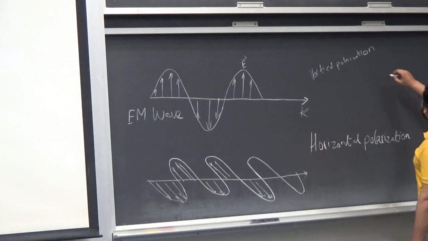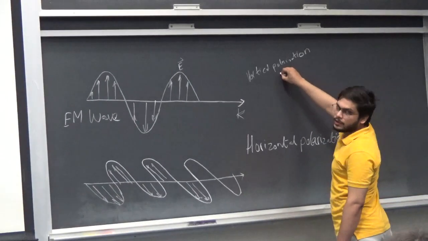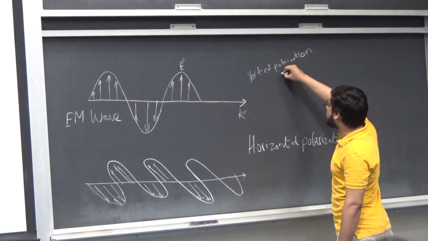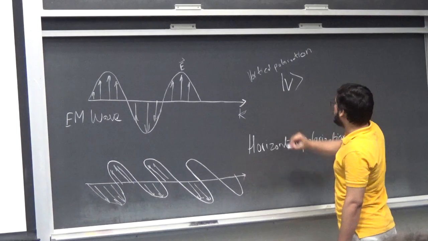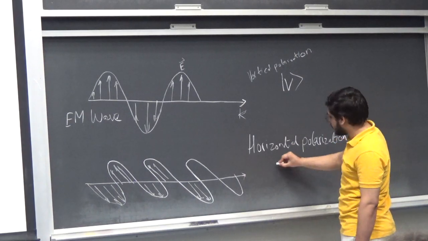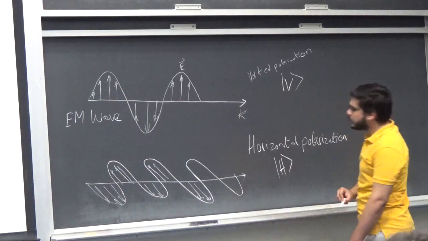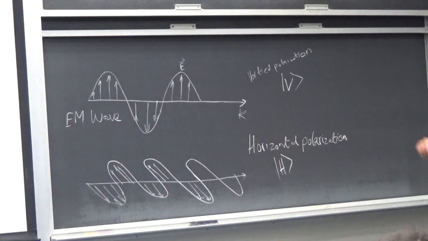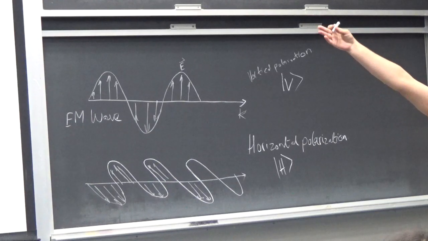For future reference, when I have a vertically polarized photon, I'll denote those photons with the state ket V, and with the horizontal polarization, I'll assign them the ket H state. Alright?